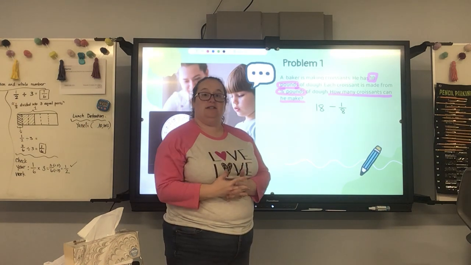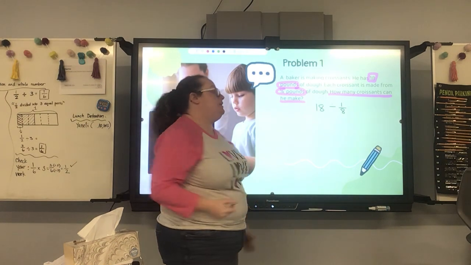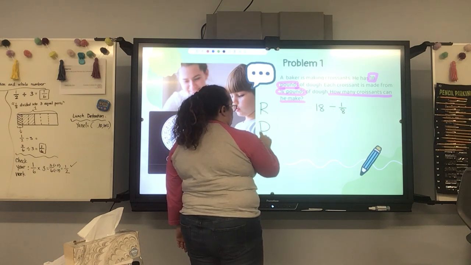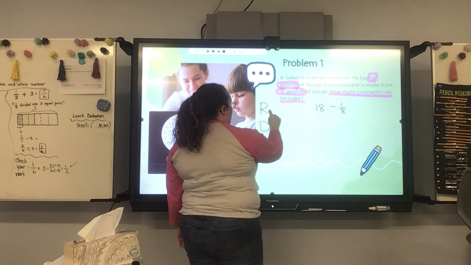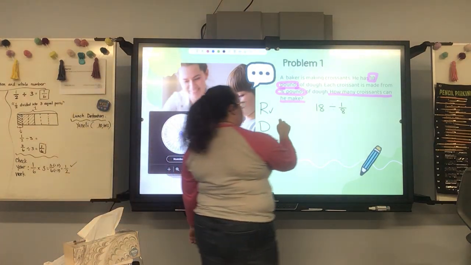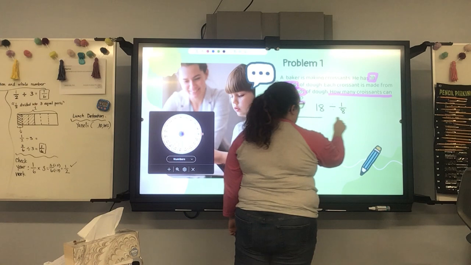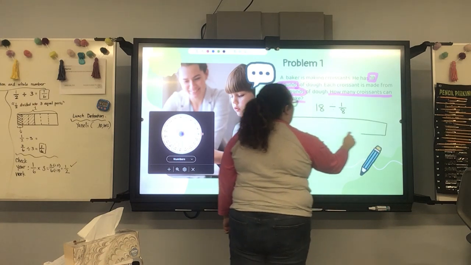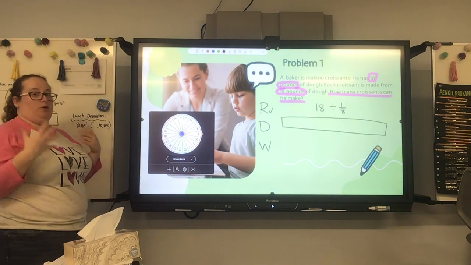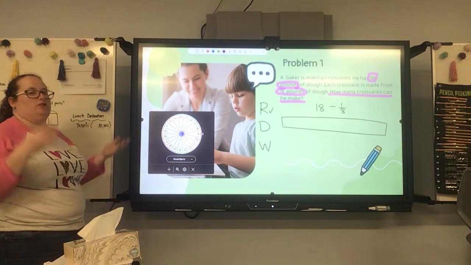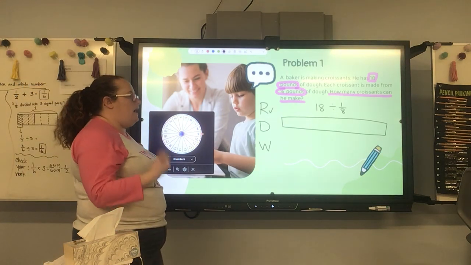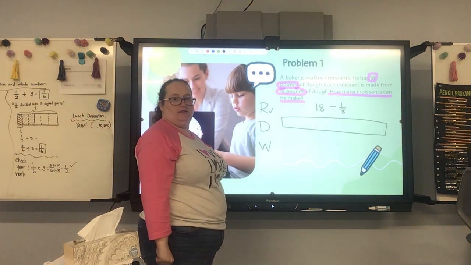Now, because this is a word problem, that means that we need to complete the read, draw, write process. So I already read my problem. Now I need to draw. What can I draw? You already know. A strip diagram. Well, number 9. So if you're number 9, I want you to think about the answer in your head. You don't have to say it out loud. Okay, so how many boxes do I need?